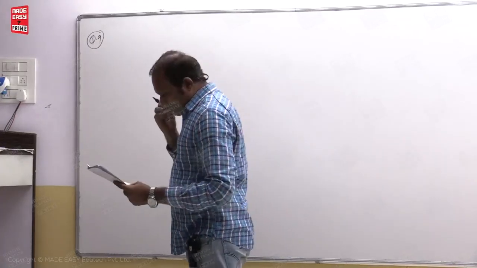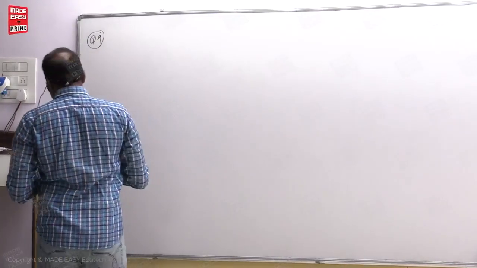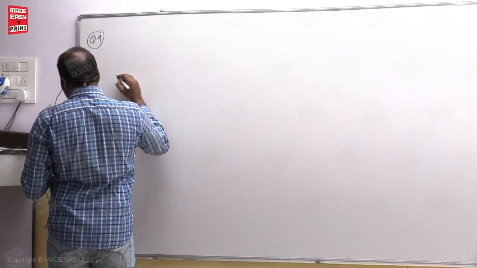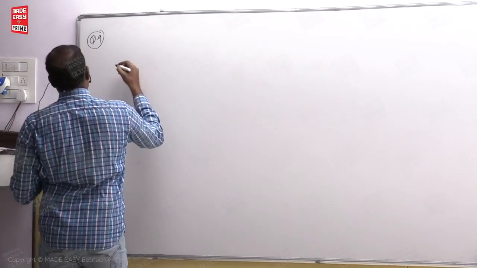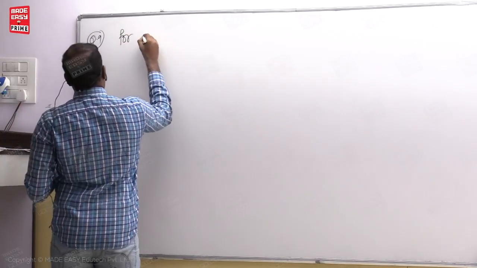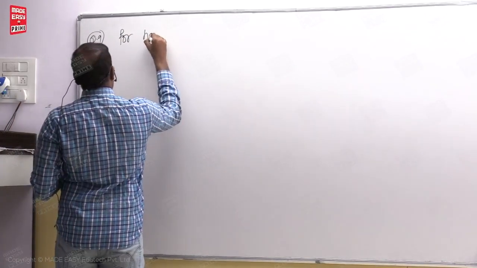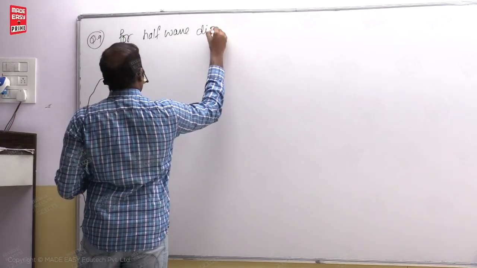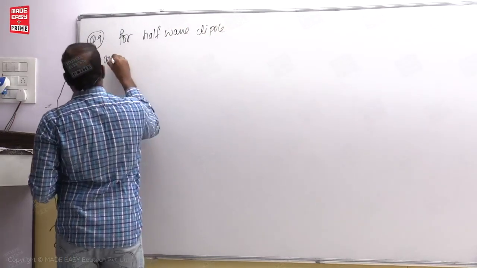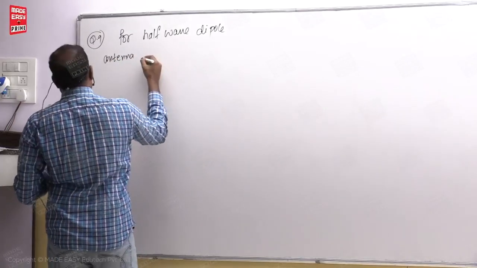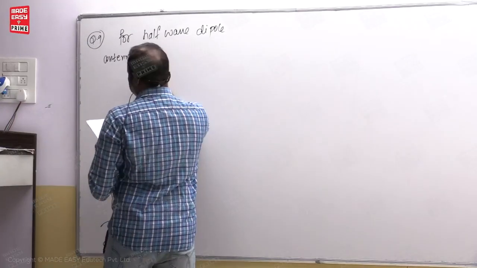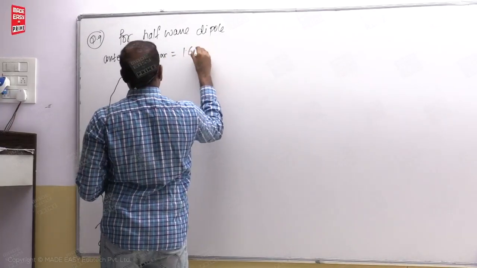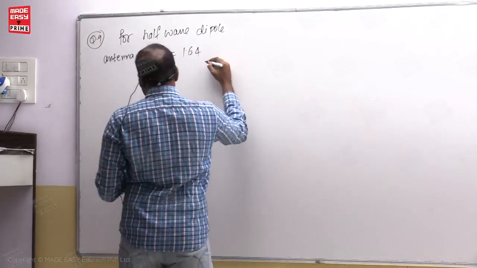So students, this is question number 9. It is given that a half wave dipole antenna, right? So for a half wave dipole antenna, we know that GD max, the maximum directive gain, is 1.64, right?